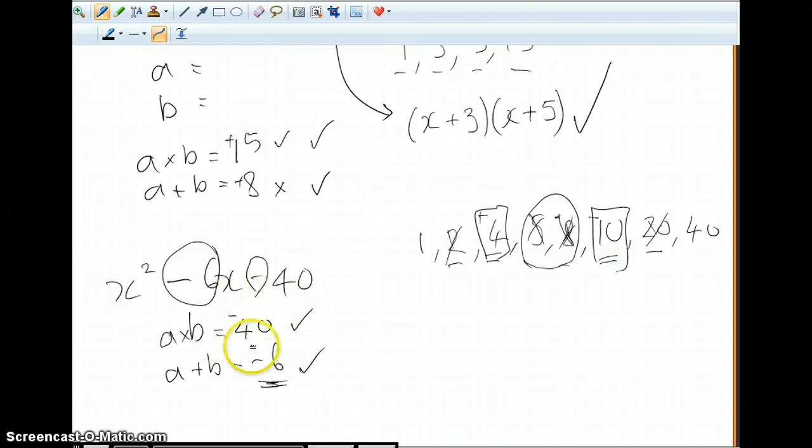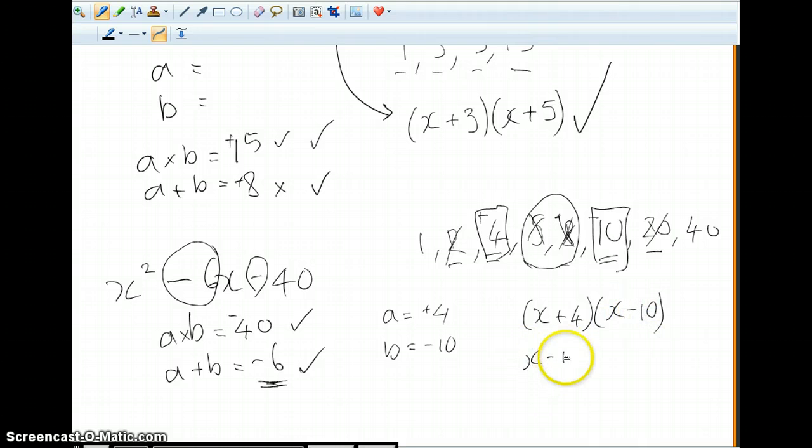And remember, to get a negative product, you want a positive and a negative number. So I'm going to say A is plus 4 and B is minus 10. Answer: x plus 4, x minus 10. I could equally write it this way. This is fine as well.